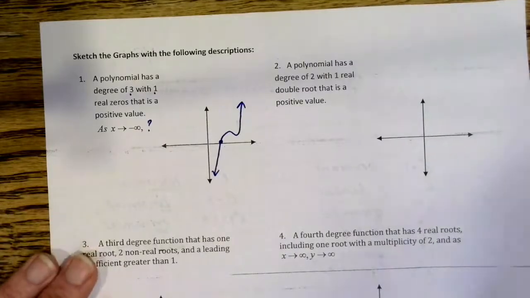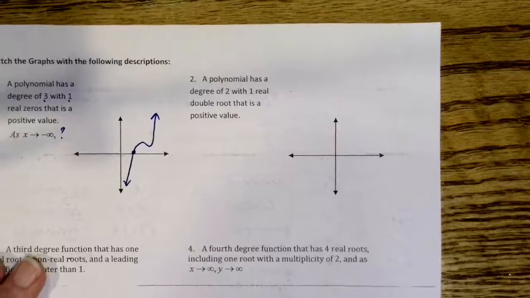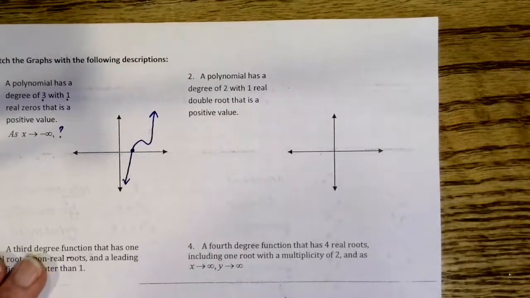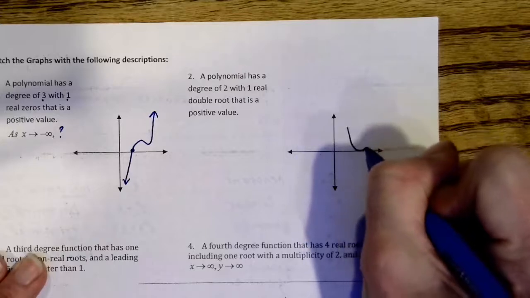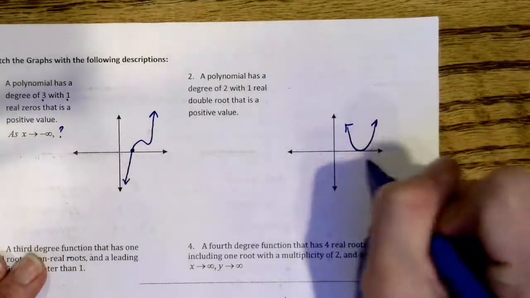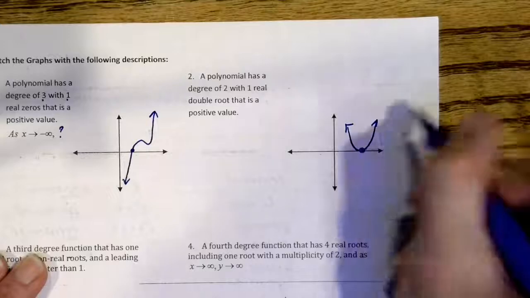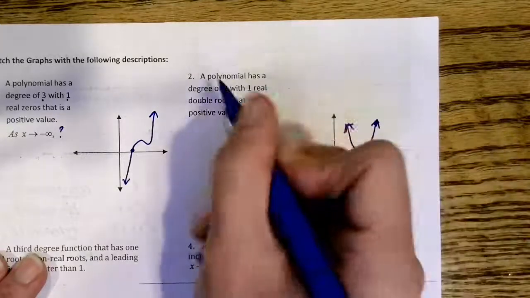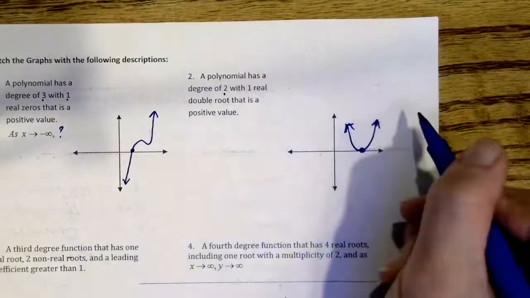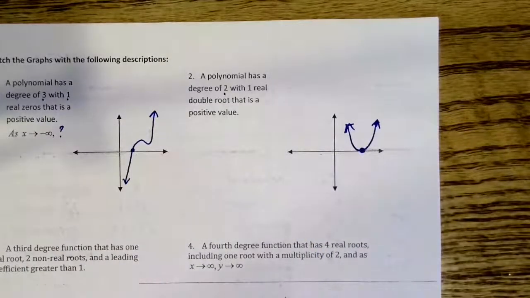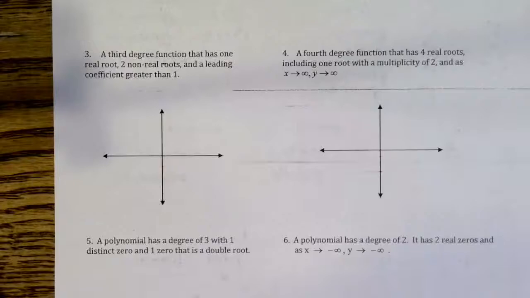A polynomial that has a degree of 2 with 1 real double root that's a positive value. Here's my double root where it bounces. It has a degree of 2, so it's just going to have 1 turn. And there's my positive double root. All right, let's check out this one.